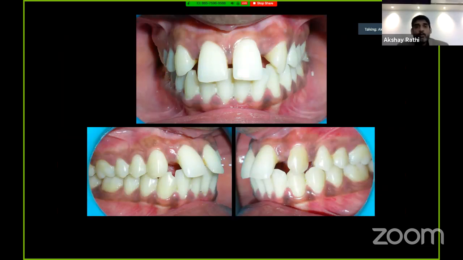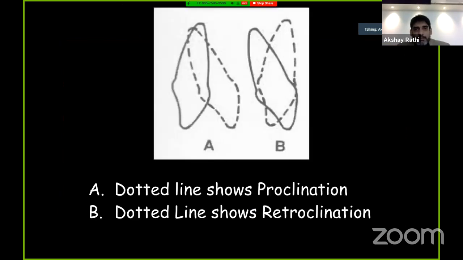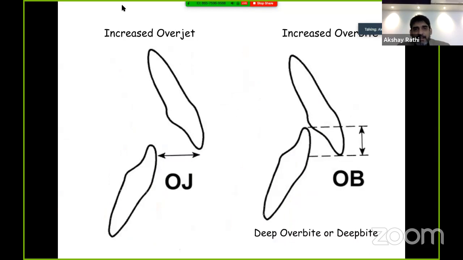So this is how we have the different aspects of malocclusion. Let me skip this part and move slightly ahead because we lost some time in the beginning.